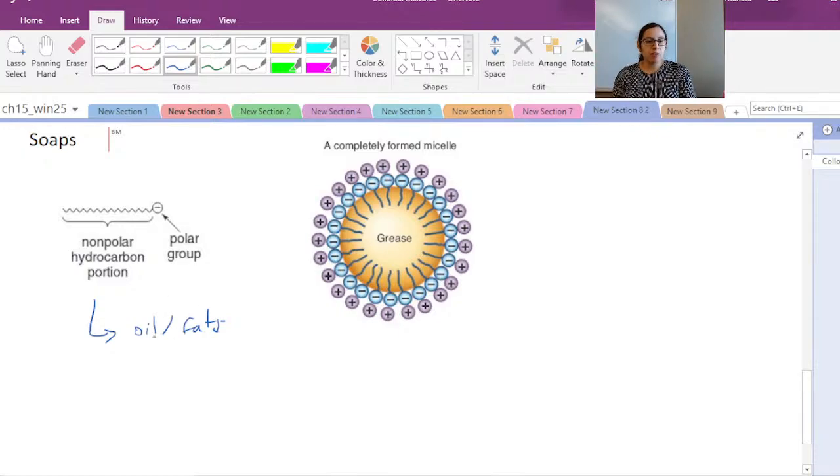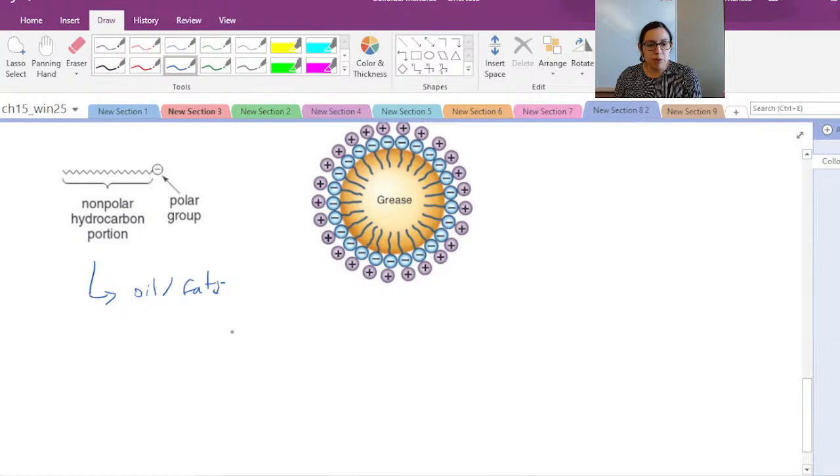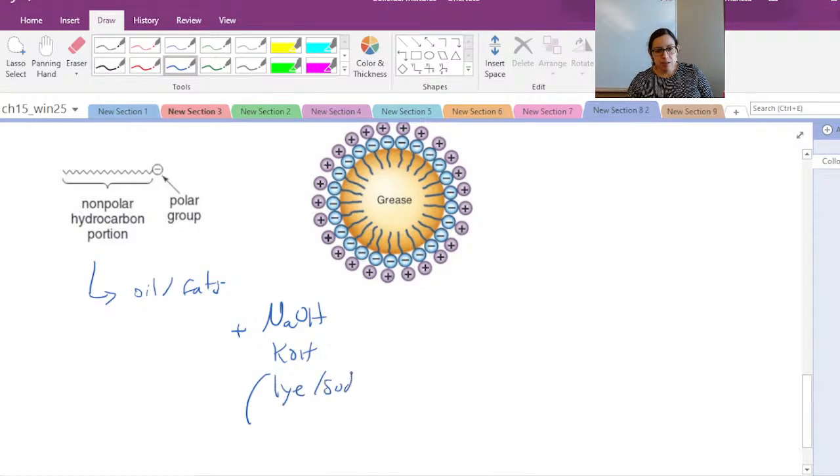But basically, right, you mix your oil with some sort of base. And so now for manufacturing purposes, they use sodium hydroxide or potassium hydroxide. Back in the day, that's why it was called lye or soda ash, but they would take literally, right, what they had burned from the fire.